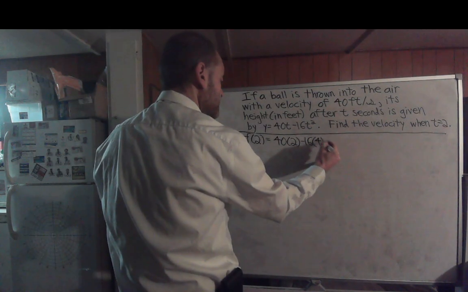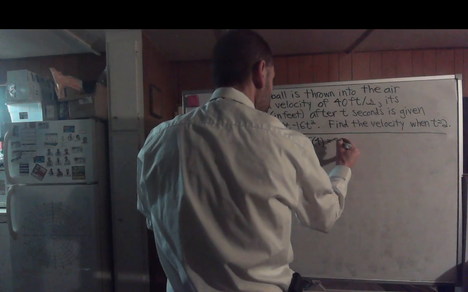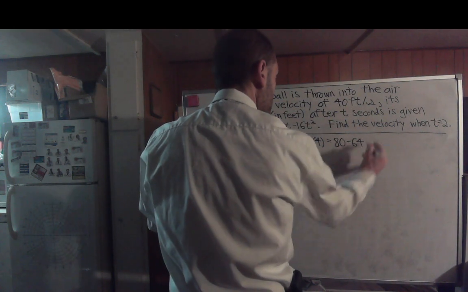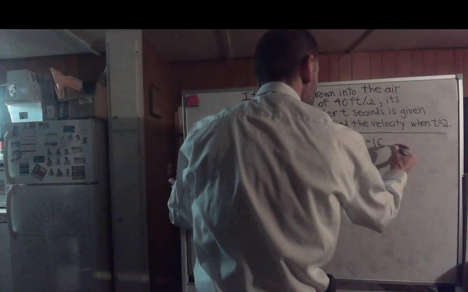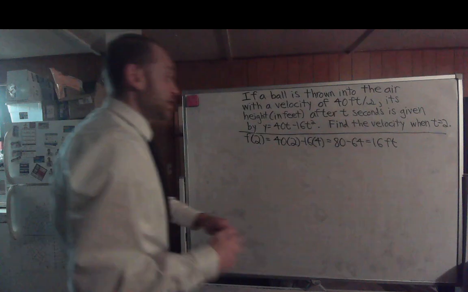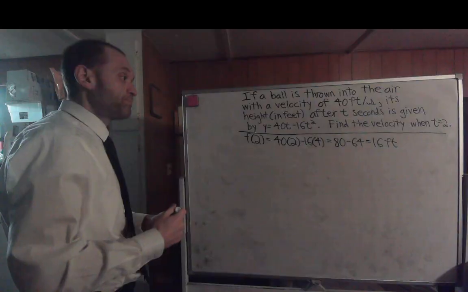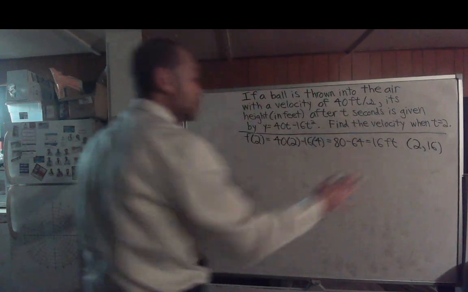Well, that's 16 times 4. That's going to end up equaling 80 minus 64, which would be 16 feet. So at 2 seconds, we are at 16 feet. It's 16 feet in the air 2 seconds later. In fact, you could think of this as the point (2, 16) if that helps you.